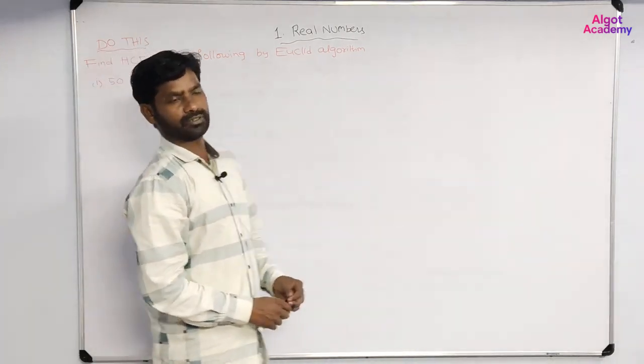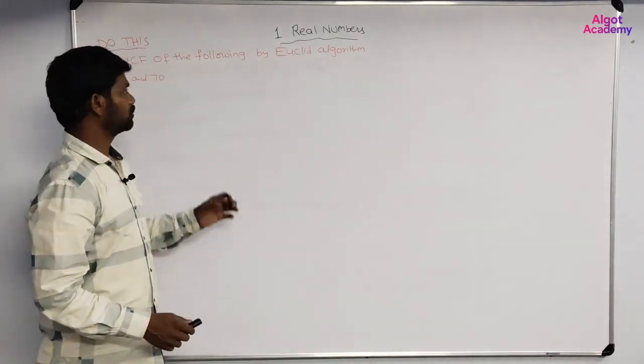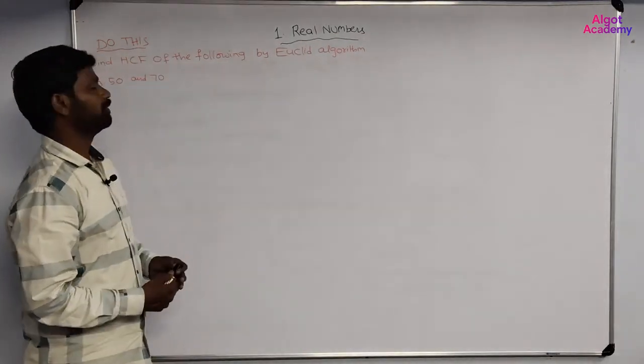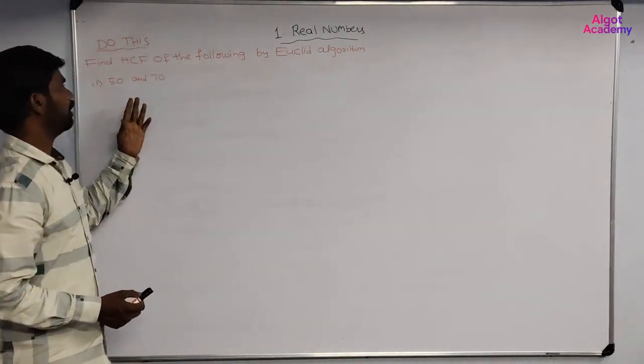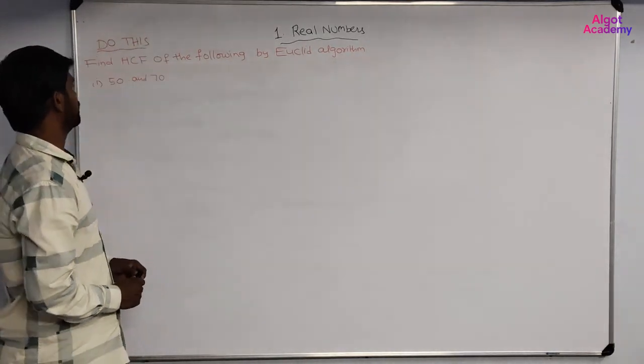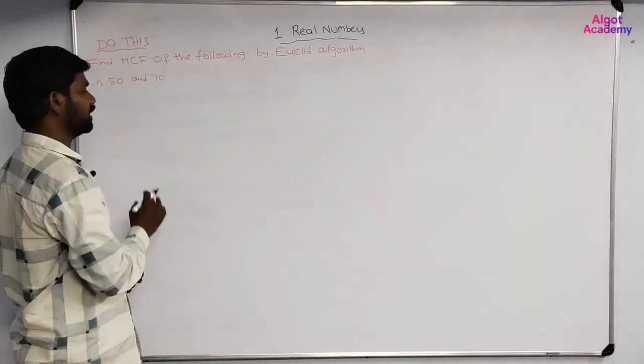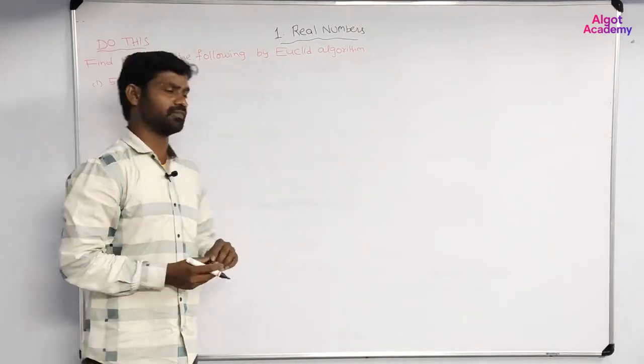Okay, students, by using the division algorithm concept, now we are going to find the HCF of the following by Euclid's algorithm. The question is 50 and 70. So we have to find the HCF of 50 and 70.